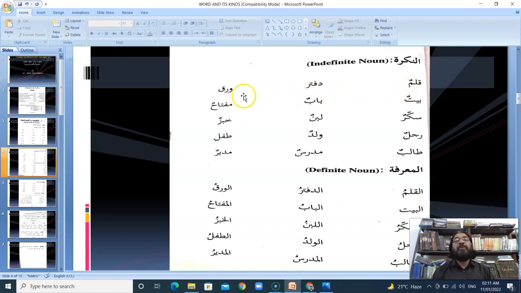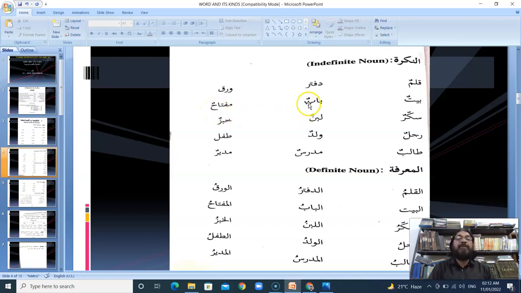Qalamun, daftarun, waraqun, baytun, babun, miftahun, sukkarun, labanun, khubzun, rajulun, waladun, tiflun, talibun, mudarrisun, mudirun. All these words don't have the alif lam in the beginning, and on the last letter they have the double pesh.